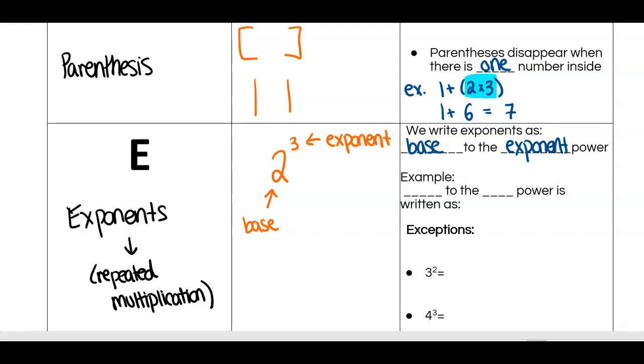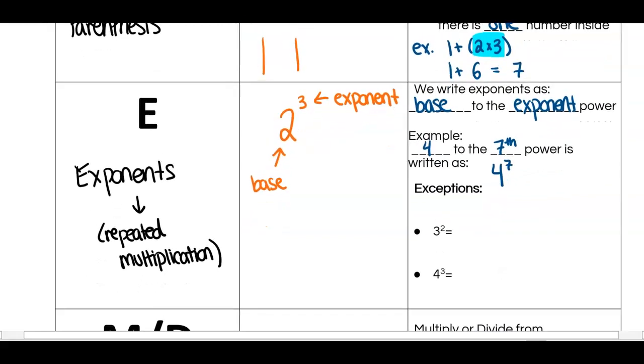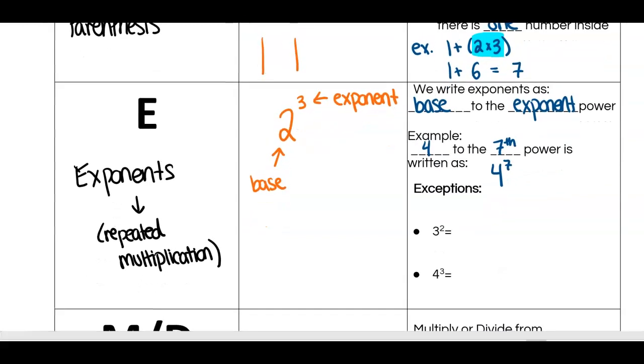Okay, for our example, it says blank to the blank power is written as, so let's say it's 4 to the 7th power. You'd write it as 4 is the base, 7 is the little number, the exponent. When we're talking about exceptions, I don't mean exceptions to the rule, I mean exceptions to the vocab. So if you see 3 raised to the 2nd power, we usually don't say 3 raised to the 2nd power. We say that is 3 squared.